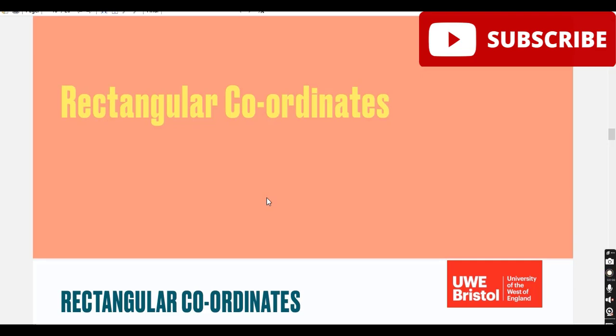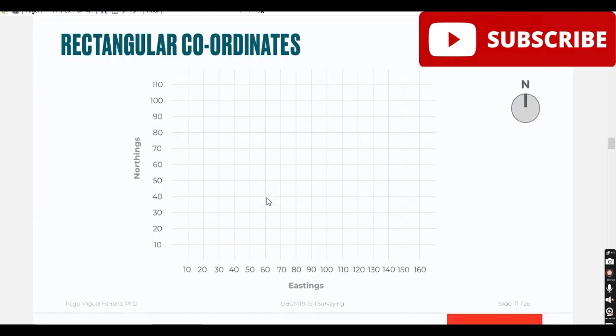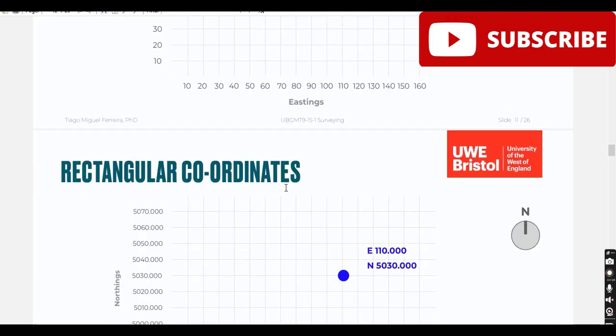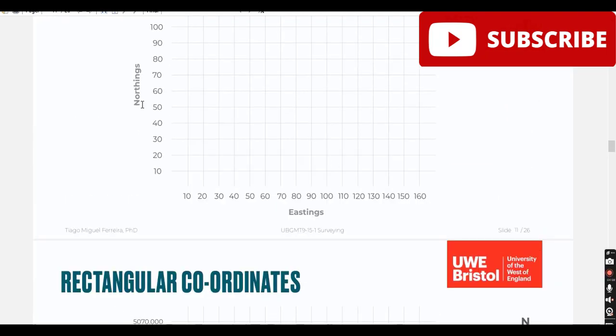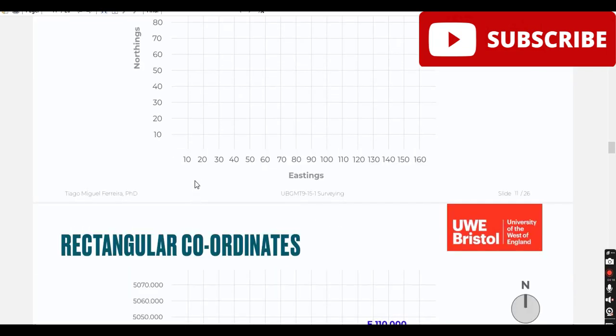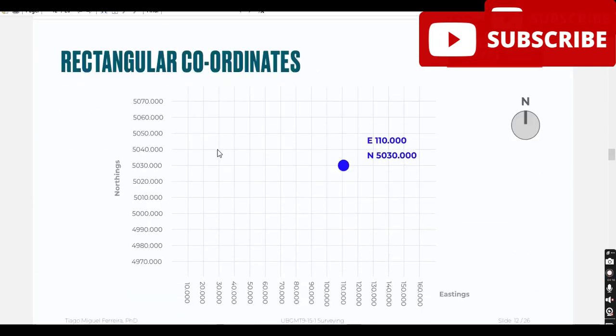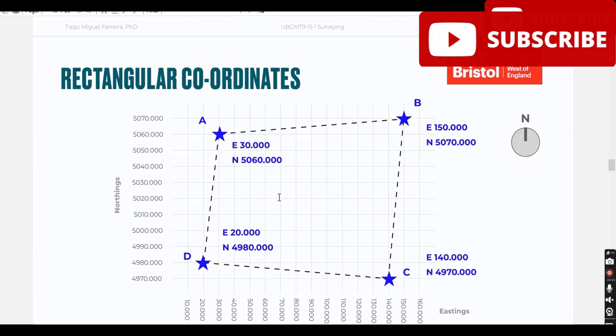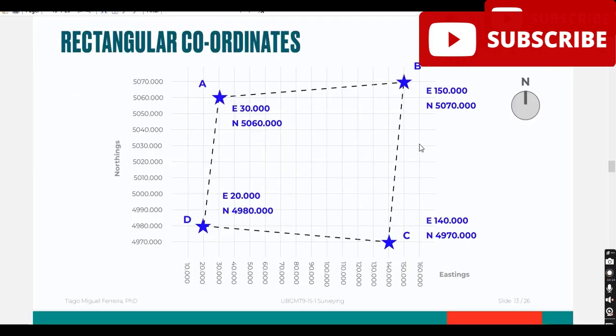Now what are rectangular coordinates? For example, we have a chart. This one is our easting and this one is our northing direction, and these 10, 20, 30 are our distances. They can be in meters or feet. We have just one point with easting and northing. We need another point.